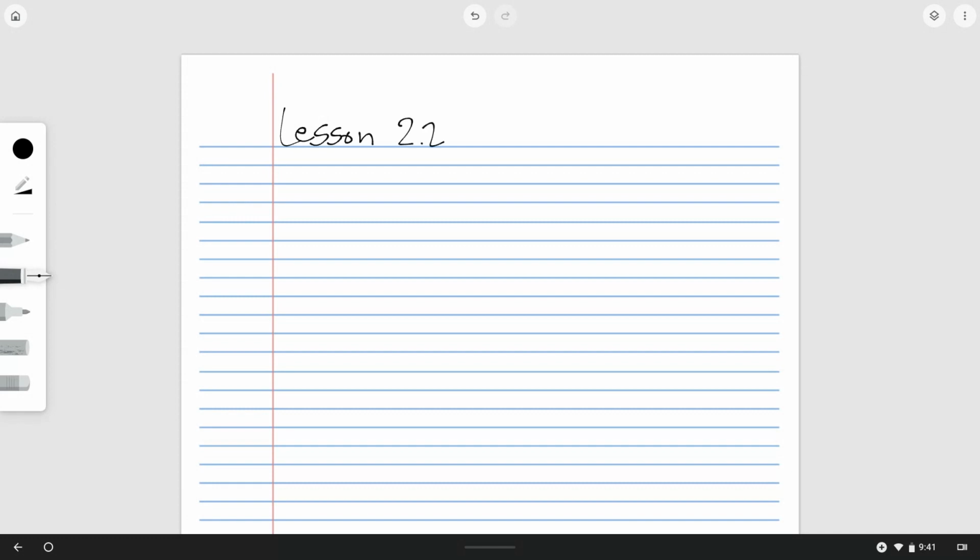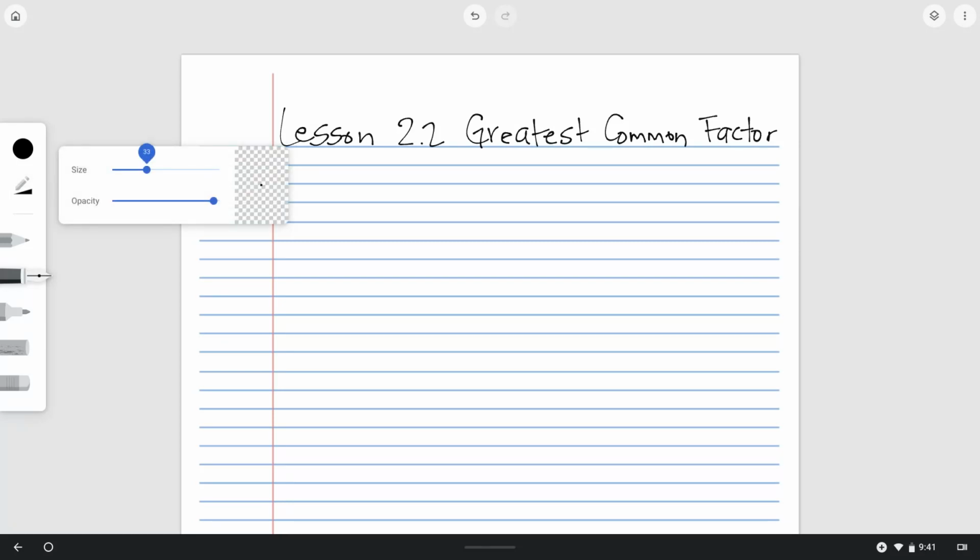Lesson 2.2, greatest common factor. Okay, and it's okay that we're doing some of these things more than one day in a row because sometimes we just need to practice it.